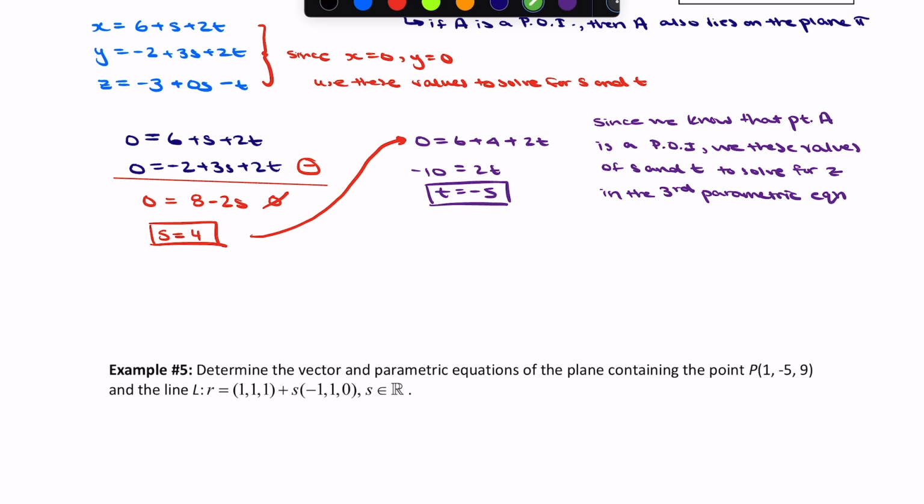So here we get z is equal to negative 3 plus 0s, so nothing for s, minus t, which is minus negative 5. z is equal to negative 3 plus 5, and z is equal to 2. And so here, therefore, we know that point A will be equal to 0, 0, 2.